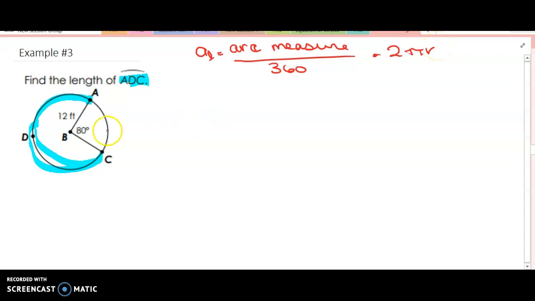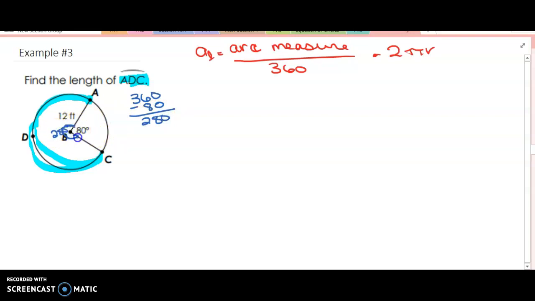All right, so let's work a little bit here. If this is 80 and all the way around is 360, I can find the measure of this arc here as 360 minus 80, which would be 280. So this is 280 degrees.